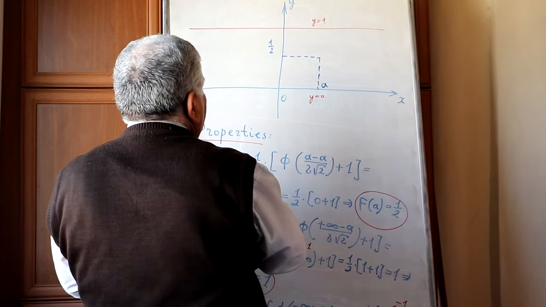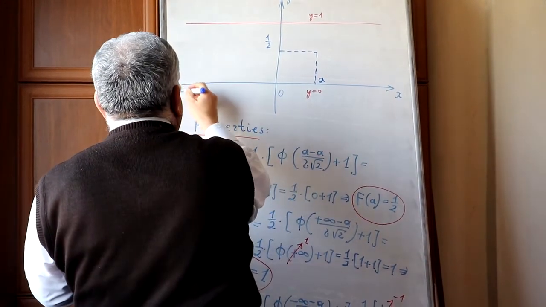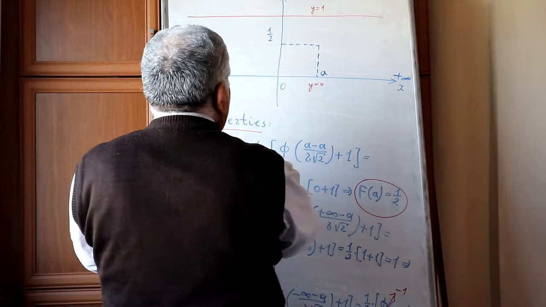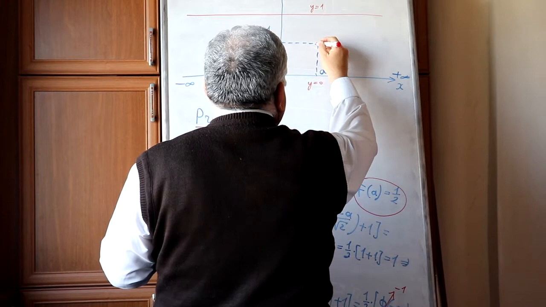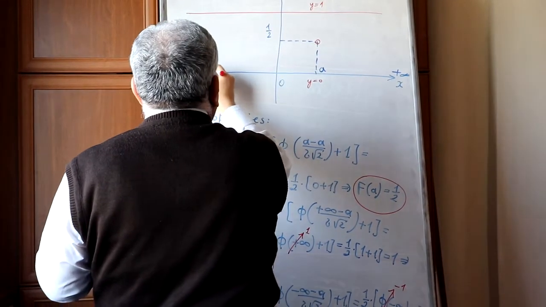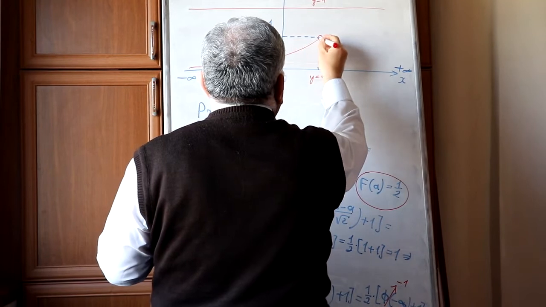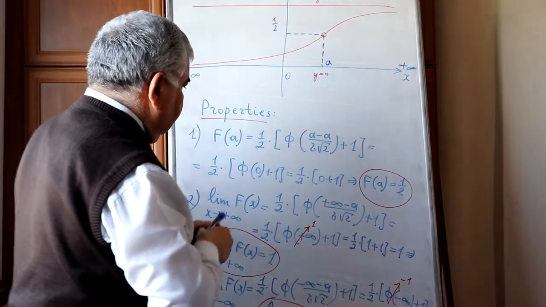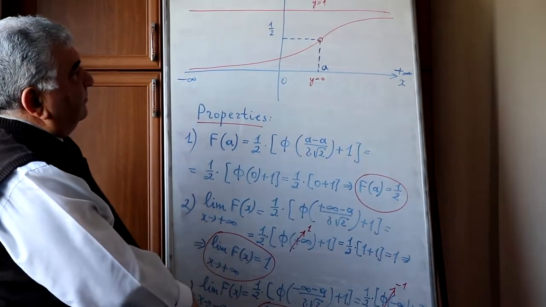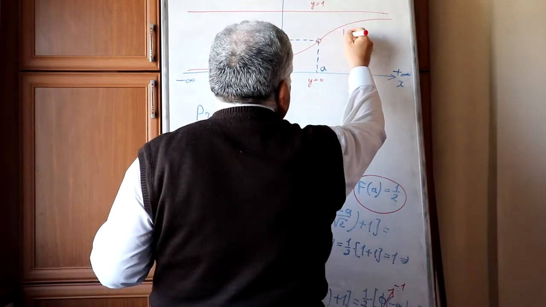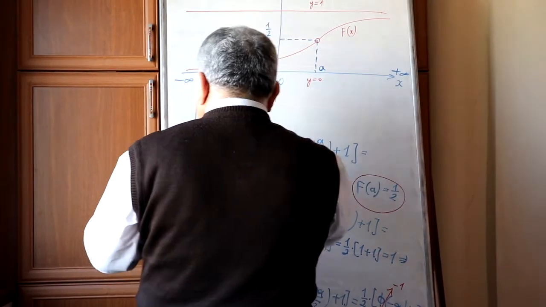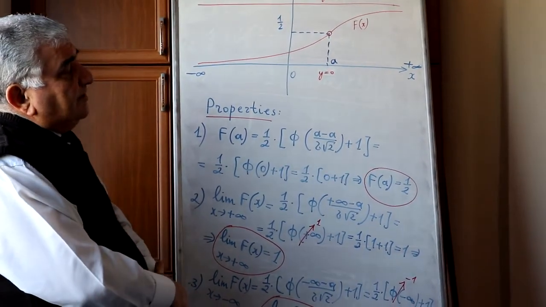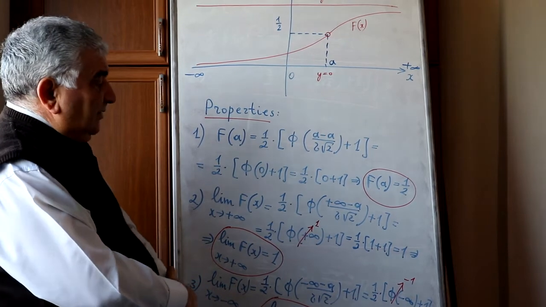And then we can construct our graph. It is the graph of the integral distributive function for the normal distributive density.